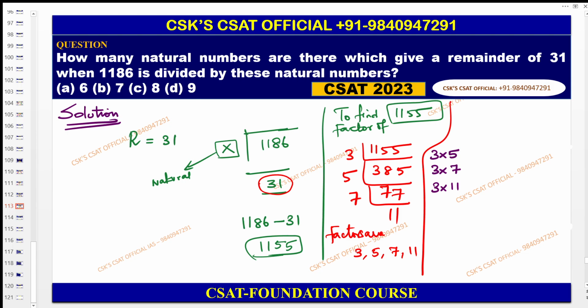So we are done with the 3. You can form with the next, don't go back, okay? If you go back, 5 into 3 is already the 3 into 5. So repetition will be there, avoid that repetition. Go forward, then 5 into 7, 5 into 11. So you are done with the 5 also. Next, 7 into 11, that's it.